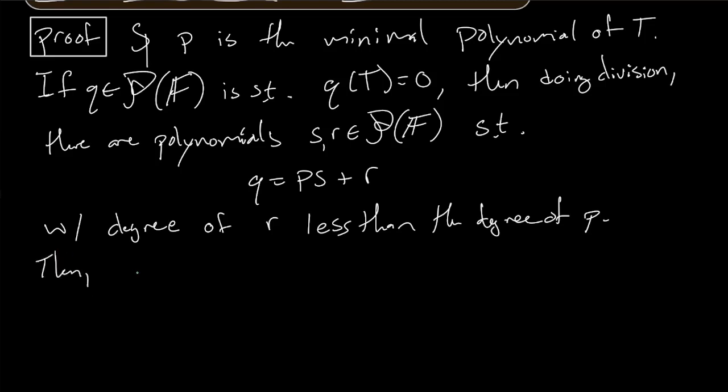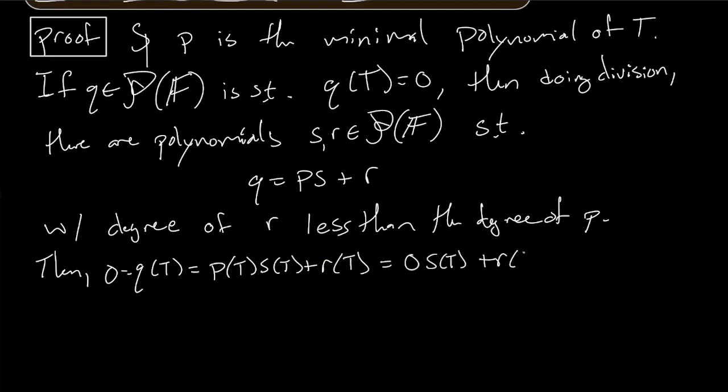Then, from this, Q of T, well, that's the zero operator, which is then again equal to P of T, S of T, plus R of T, which is just the zero operator times S of T, plus R of T, which is then just R of T. Oh!